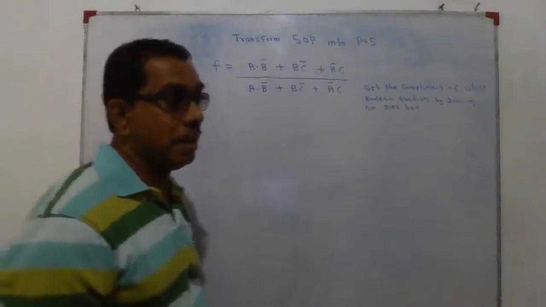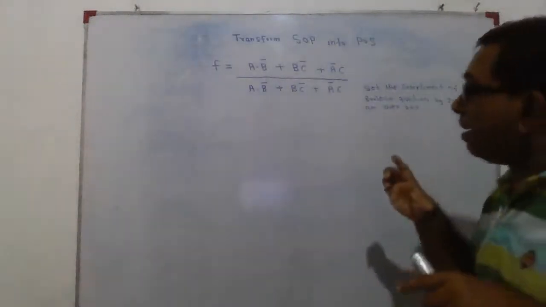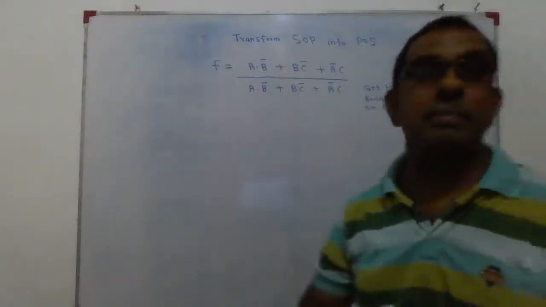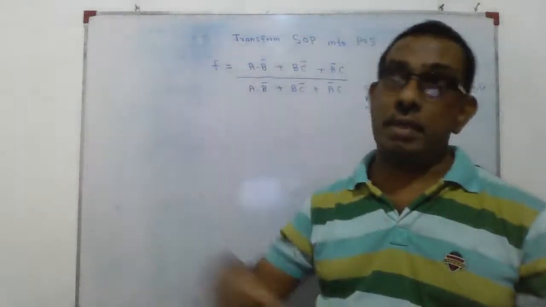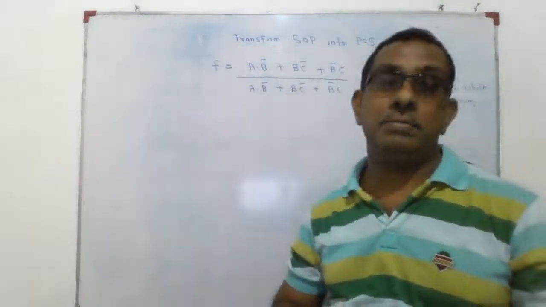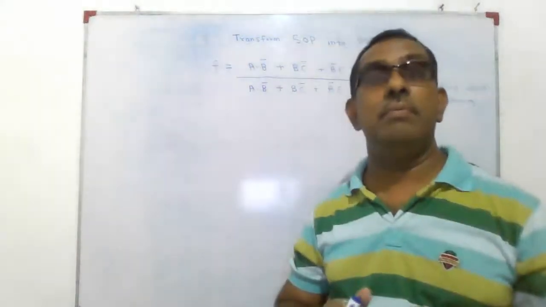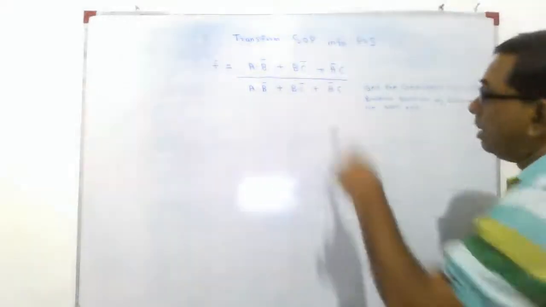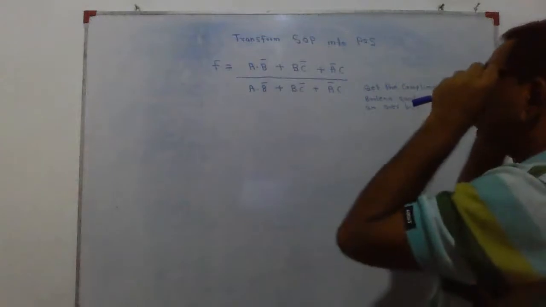After drawing an over bar, you can apply De Morgan theorem. This time De Morgan theorem is useful. That's why earlier I told you there are several laws. De Morgan is one important law in your exam. So then you can apply De Morgan here.